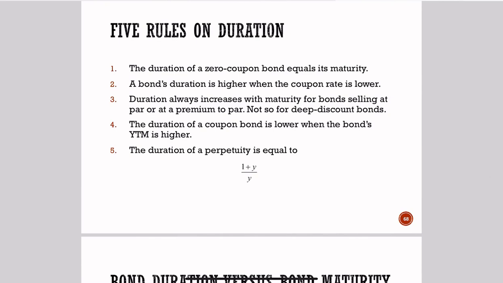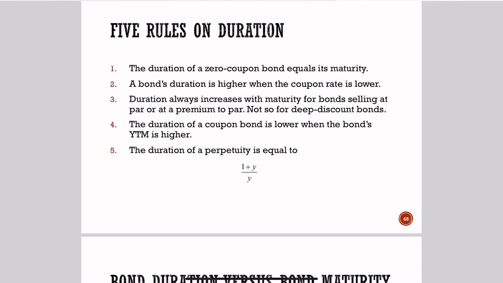If you have a lower coupon rate, it means that you have smaller cash flows before the maturity date. That is, when you're having lower coupon rate, a lot of payments are pushed into the principal, right? However, if you push a lot of payments into principal, the weight of this further dated cash flows will be larger. This will actually increase your duration.